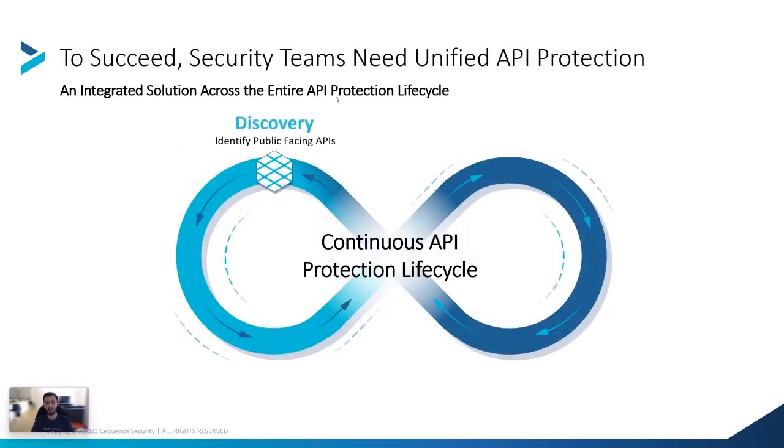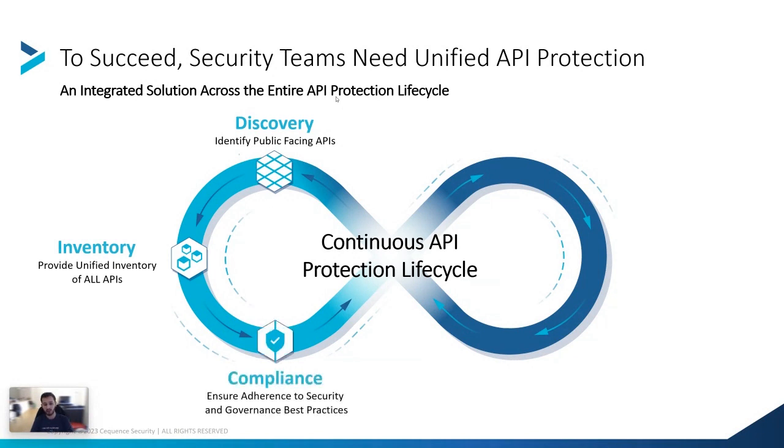Okay, so how does this help? Discovery. First, when you use the product for GraphQL, we will discover all the public facing APIs. Once we have your TLD, we will discover all the public facing APIs you have. Then we will store that in our inventory to find out in future if there is an attack or not.